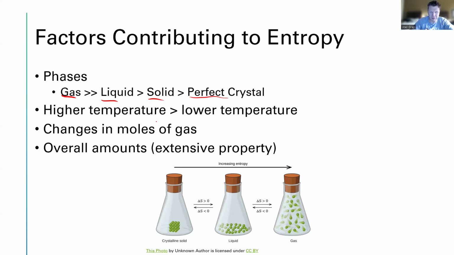A liquid, think about the atoms that make up a liquid. They're going to be moving all over the place. And a gas, they're moving even more so. So we have phases in terms of their greatest entropy right here to our lowest entropy.